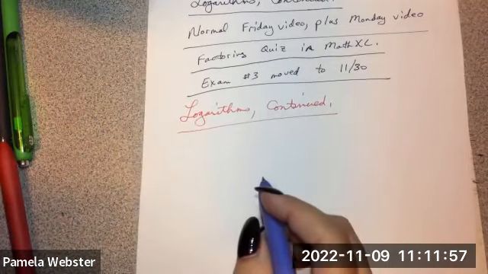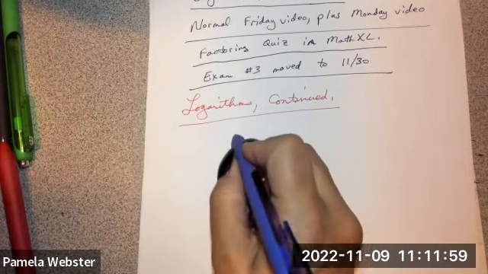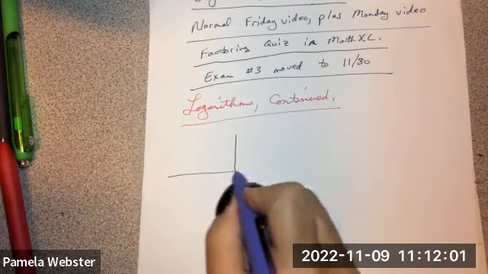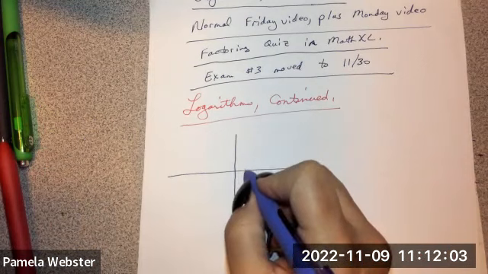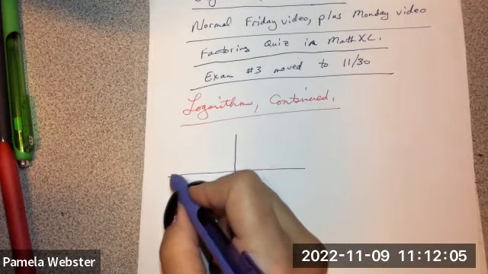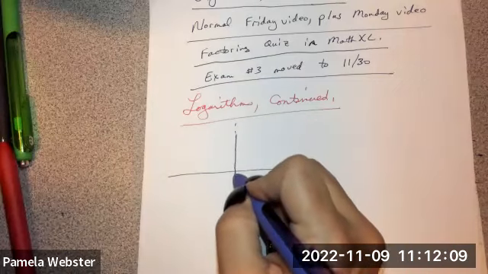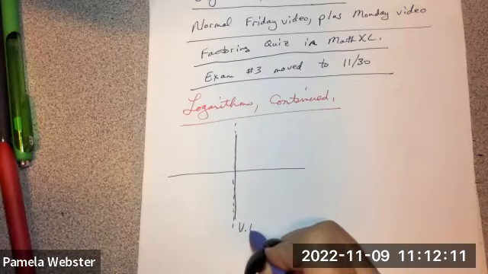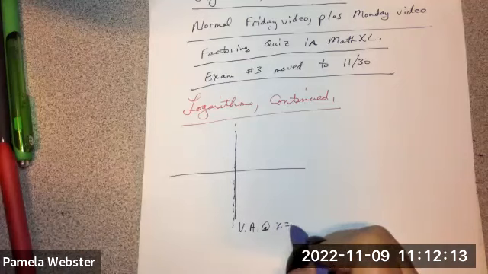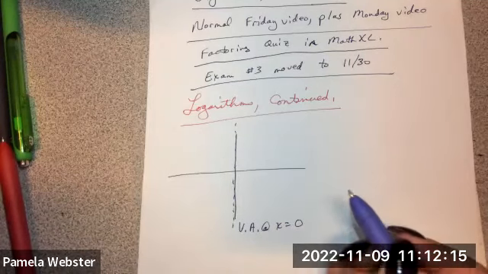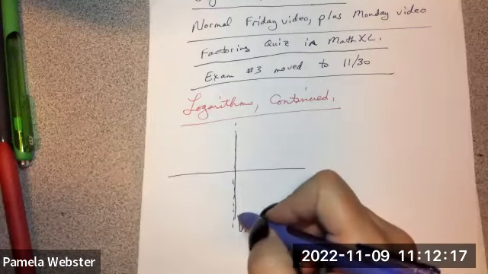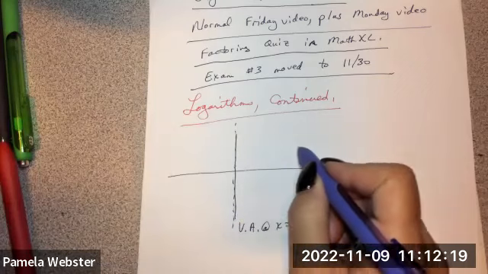If you'll remember, we got the graphs for logarithms the other day on Monday, and we said exponential functions had a horizontal asymptote and they went up. Logarithmic functions have a vertical asymptote at x equals 0, right? And then they come along beside that vertical asymptote and they go like this.